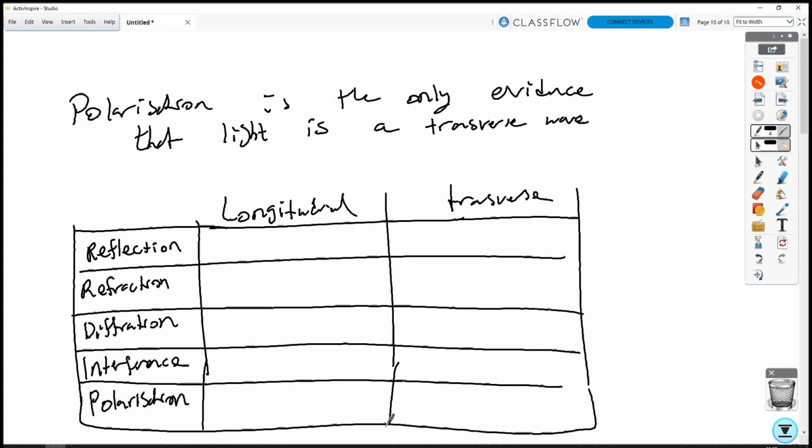So with longitudinal, all of these things happen except polarization, but all of these things happen with transverse. Now it's fairly obvious why you can't polarize longitudinal waves, in that they don't oscillate in different planes. They oscillate in one plane, which is the same direction that they travel in, the same direction as a propagation.